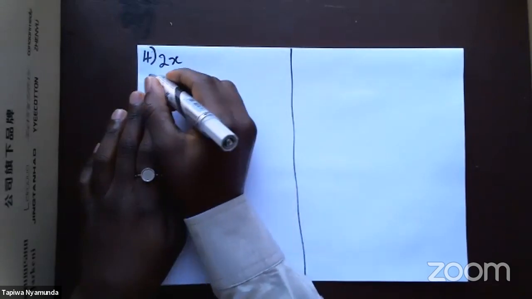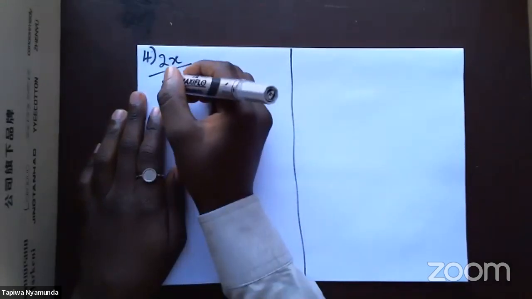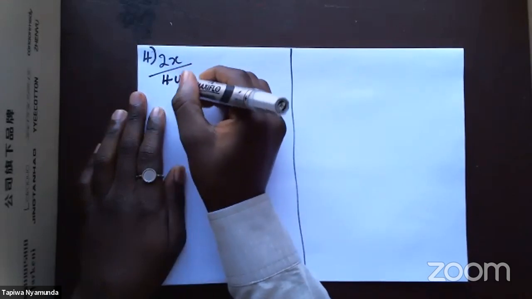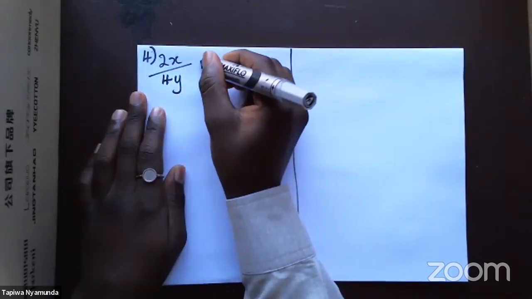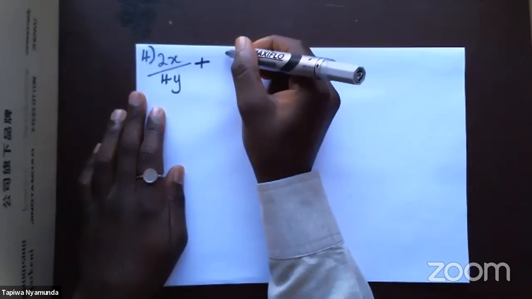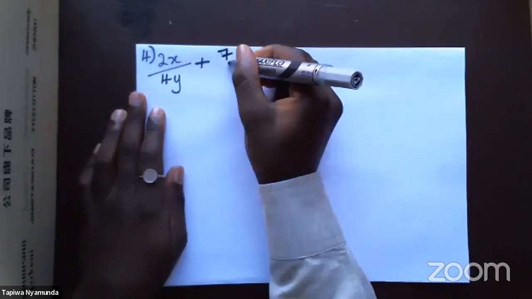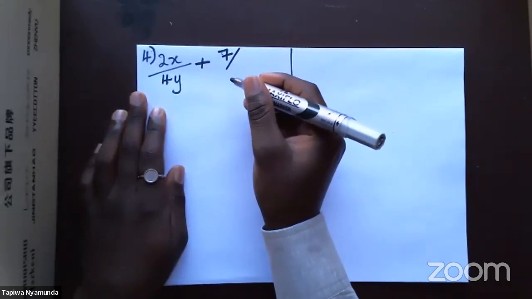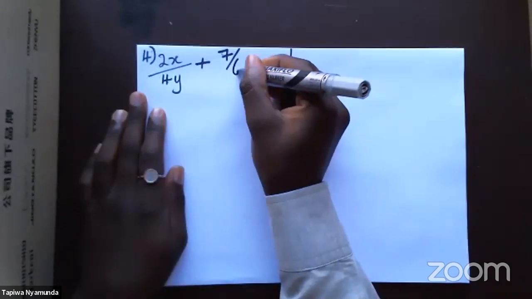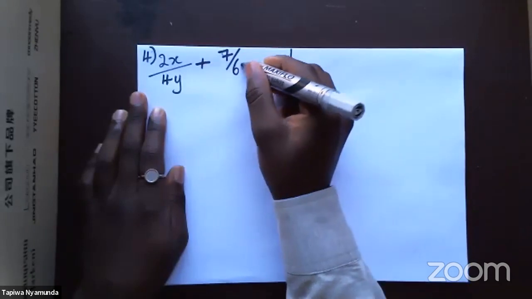So I'm going to say now 2x divided by 4y plus, let's say plus 7 over 6x.